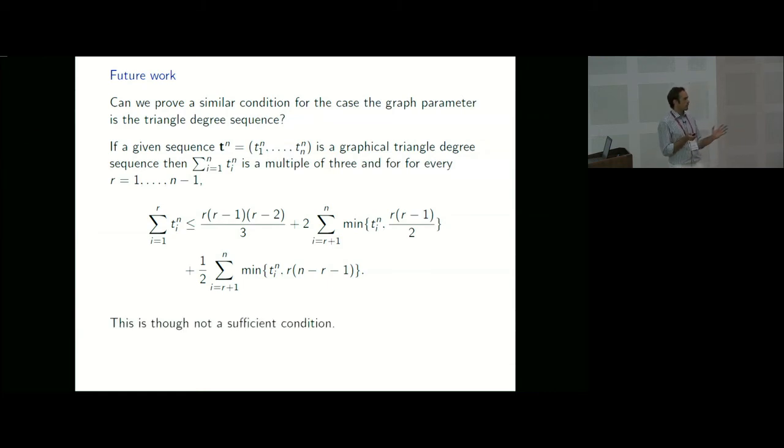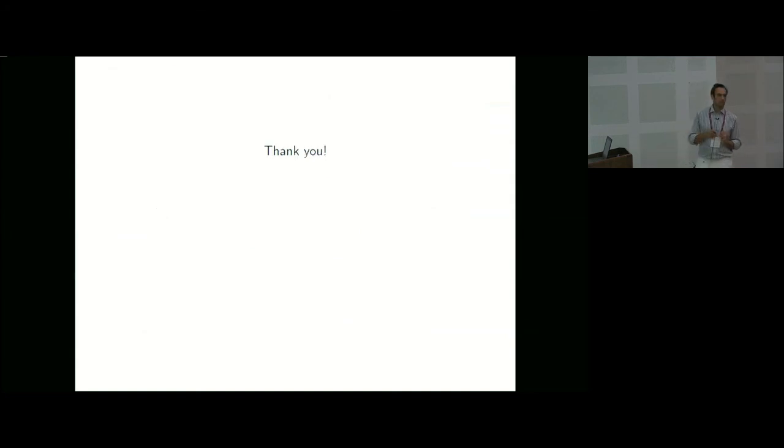You can have triangle sequences which satisfy this condition but are not graphical. The question is, does this condition imply the right topology to work on? Maybe. These are all ideas for future work. Let me stop here. Thank you very much.